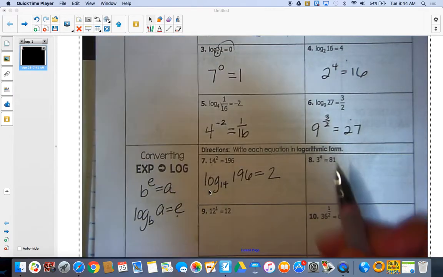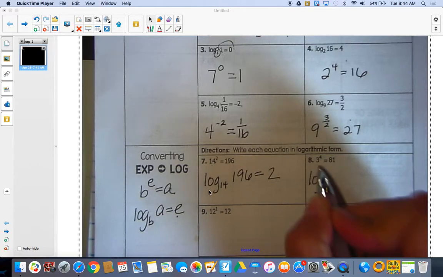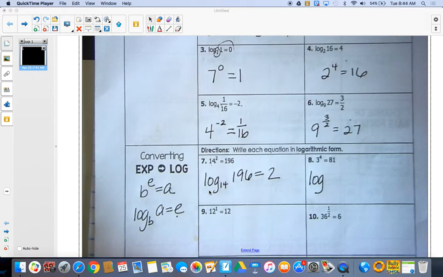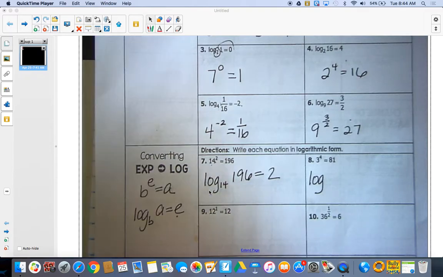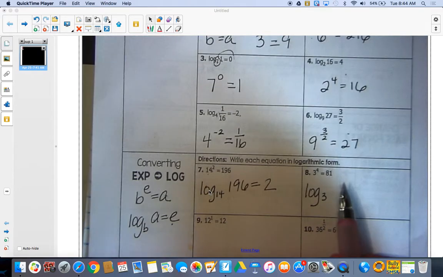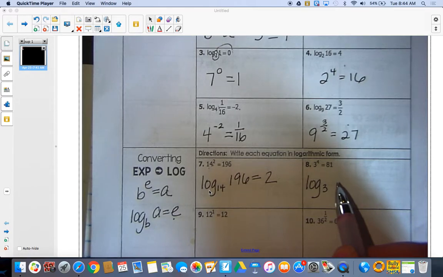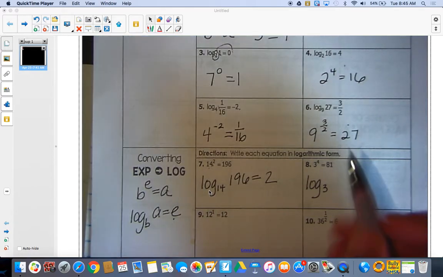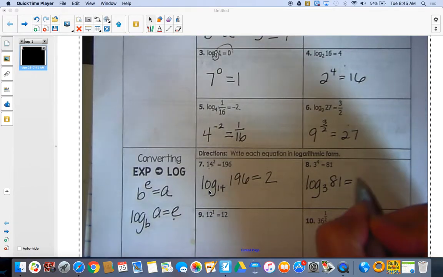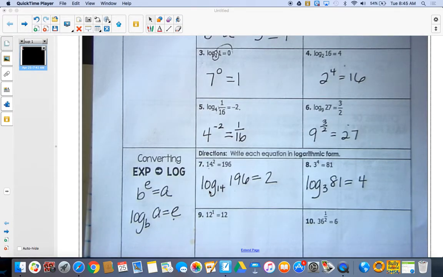Now let's look at the next one. Which number is our base, the 3, the 4, or the 81? Class? 3. Which number goes next, the 4 or the 81? 81, and it equals our exponent. Okay.